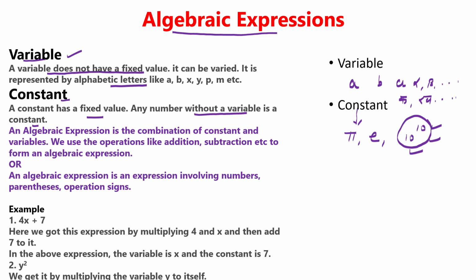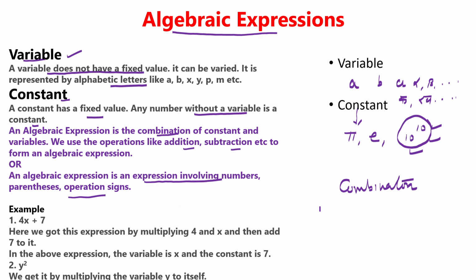So, what is the definition of an algebraic expression? It is a combination of constants and variables using operations like addition, subtraction, etc. Or in another way, an algebraic expression involves numbers, variables, parentheses and operation signs.